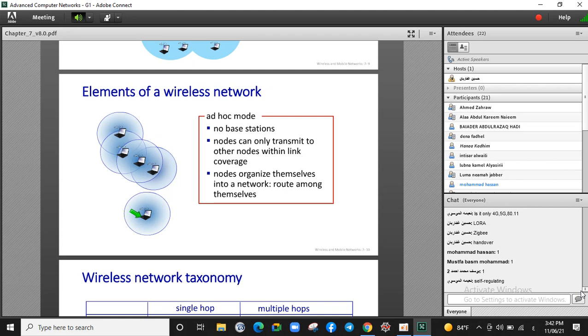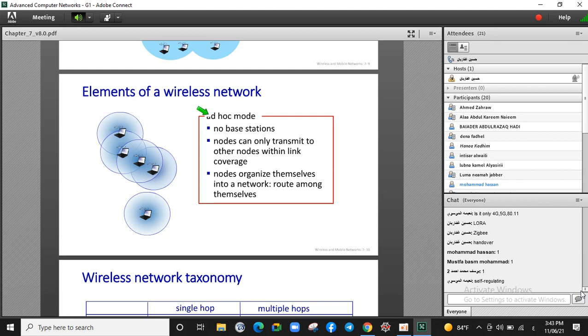Okay, and at that time we can create an ad hoc wireless network, and the nodes around that ad hoc network can communicate together, especially in military tasks in current days.